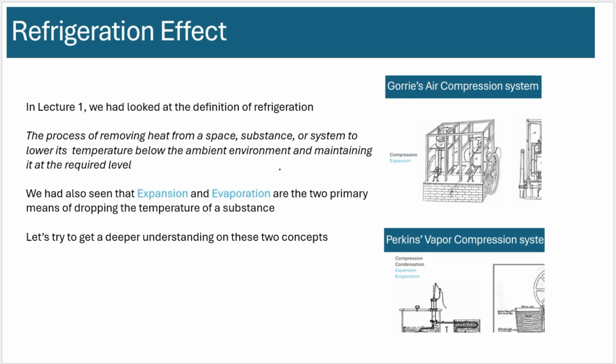If you remember the first lecture on the history of refrigeration, the two main effects that are most relevant for vapor compression cycles are expansion and evaporation. It was easy to just say that these effects create a drop in temperature. Now let's try to prove that using theory and calculations in CoolProp. Okay, let's start with expansion.